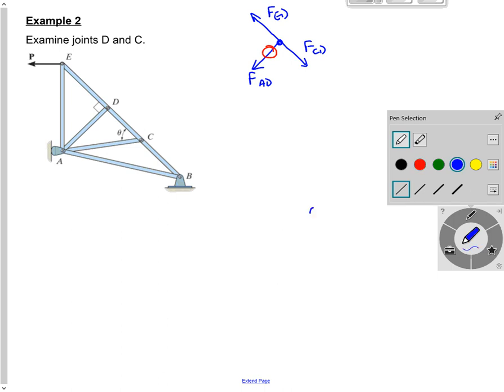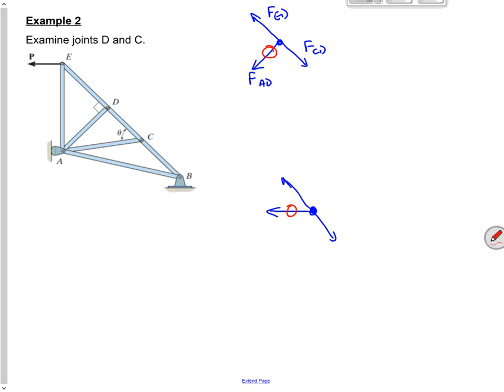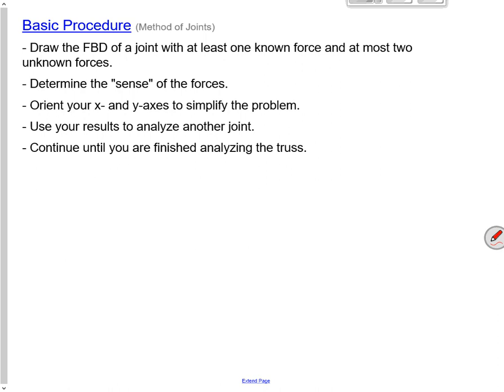If I look at joint C, here I've got one pointing this way, one pointing this way, one pointing this way. The only way that can be in equilibrium is that one's zero. It can simplify your life if you learn to look at that early in the problem and recognize that, oh, this one's zero. I don't have to calculate anymore. That's nice. I like not calculating.